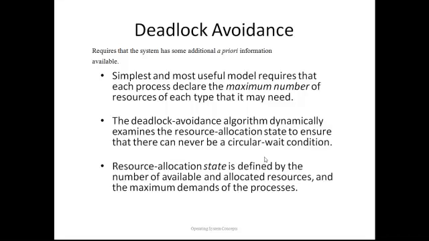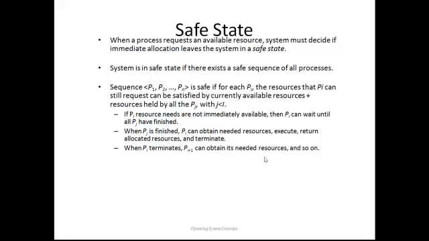The deadlock avoidance algorithm dynamically examines the resource allocation state to ensure that there can never be a circular wait condition. Resource allocation state is defined by the number of available and allocated resources and the maximum demands of the processes.